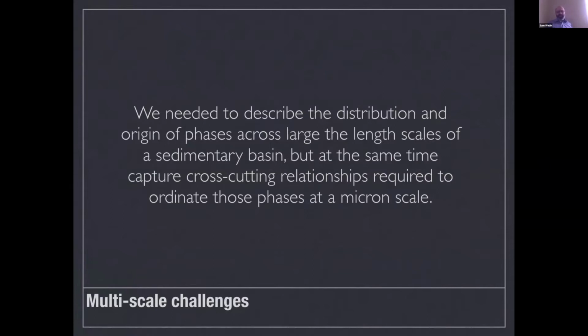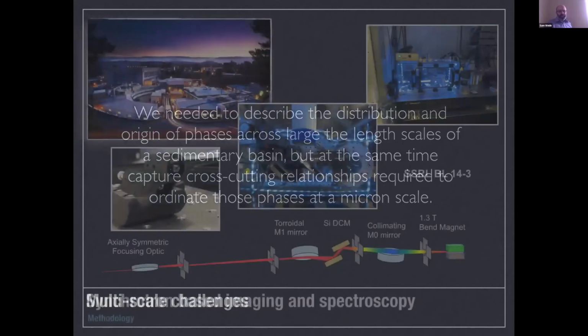And so this is our multi-scale challenge of trying to understand the micron scale and extrapolate that up to the basin and geological scale. So we're doing this at sulfur.